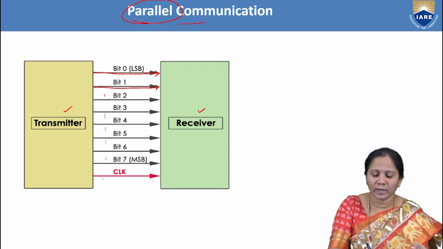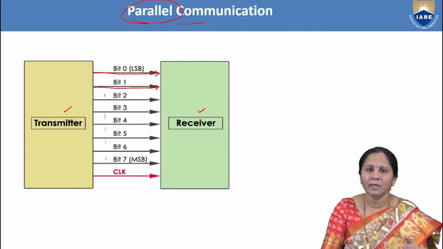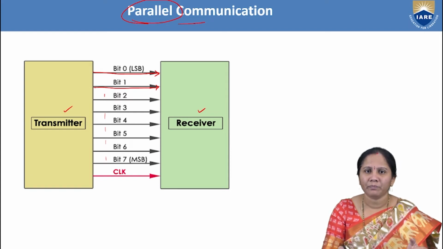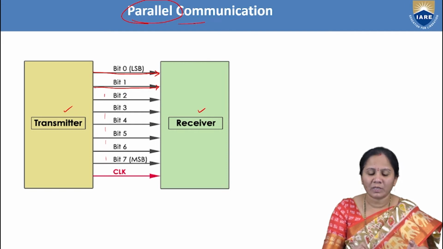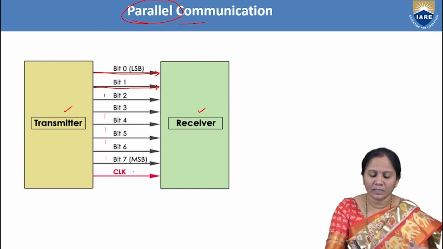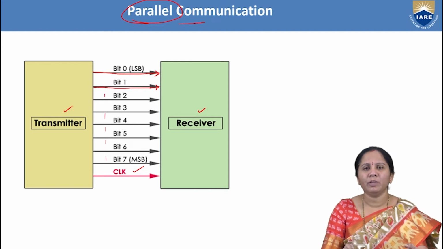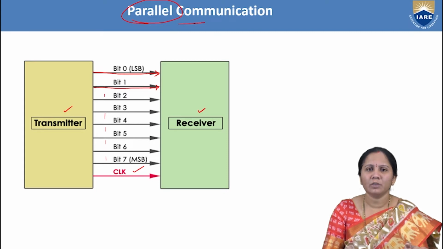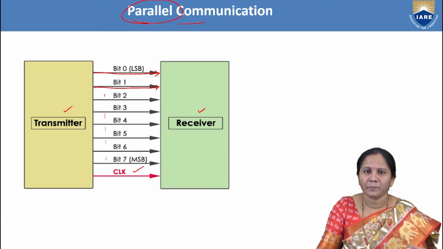Using these n wires, n bits will be transmitted at a time. While transmitting these bits from transmitter to receiver, the clock signal should be enabled. So in parallel communication, all the bits are transmitted at a time from transmitter to receiver, whereas in serial communication, data is transmitted bit by bit because there is only a single wire.